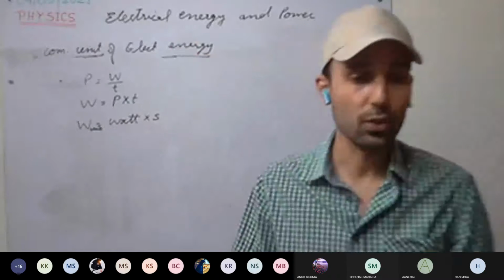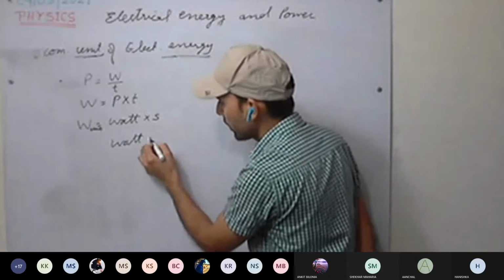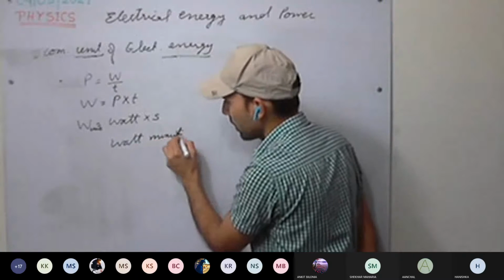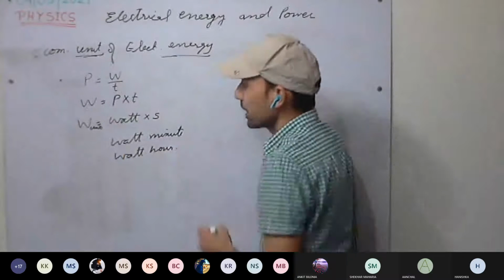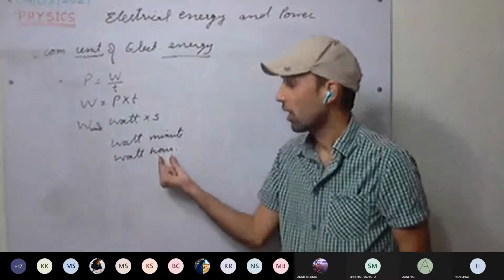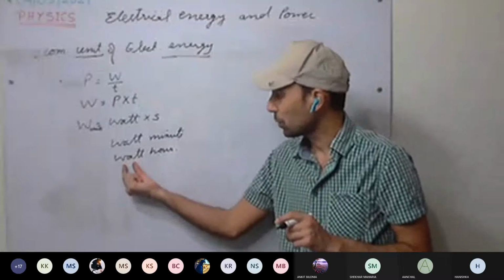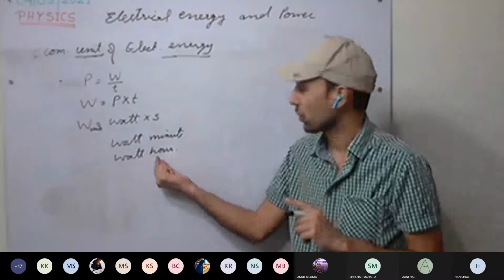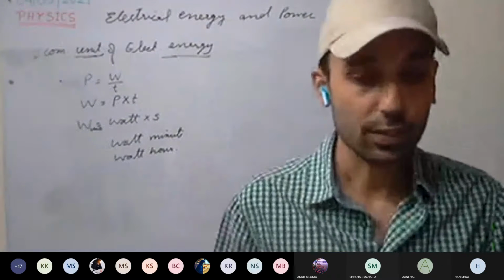So it can be watt minute or watt hour. That is, power used for hours. So we are calculating how much power is being used for hours. This is watt hour.